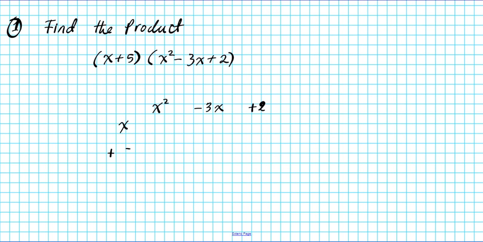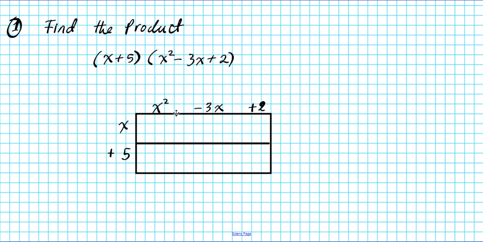So x and then plus 5. Now what we are creating is basically a multiplication chart. Just like your typical old-fashioned multiplication chart that you learned how to use in elementary school, that's what we're creating here. But rather than just multiplying numbers, we're going to be multiplying variables also.